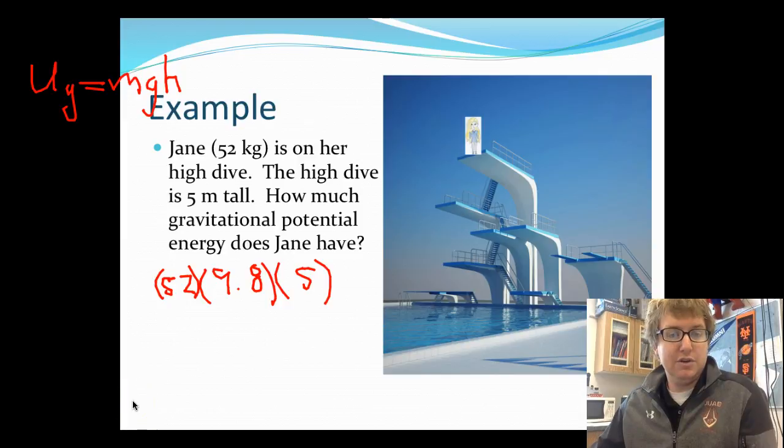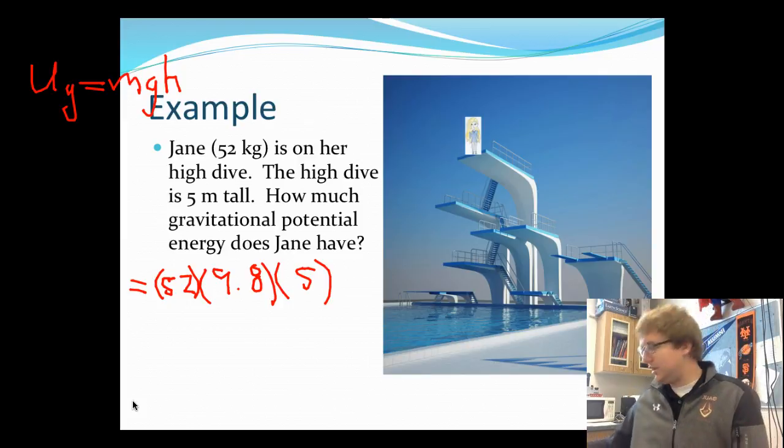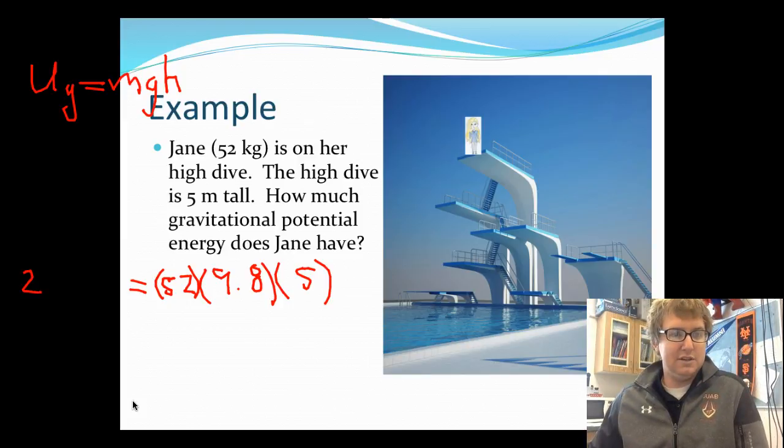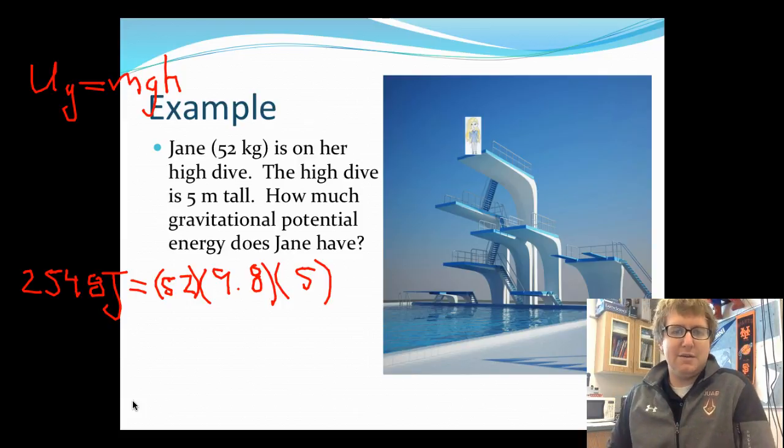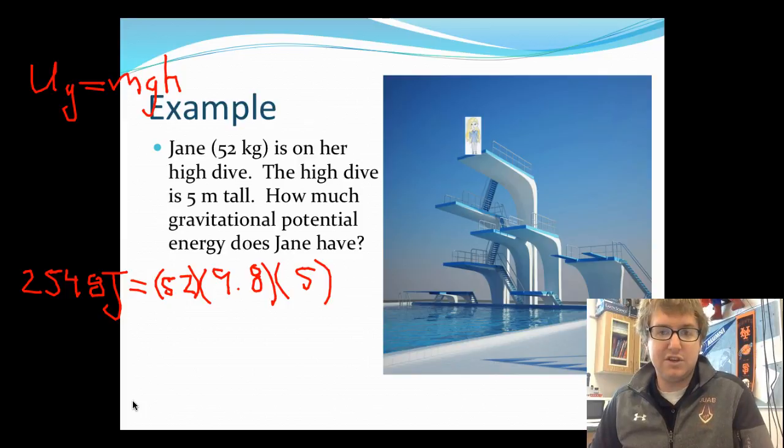If we do 52 times 9.8 times 5, that is equal to 2,548 joules. That is how much gravitational energy she has. Throughout this situation, see how she's kind of in that box on the high dive? She is going to have that much.